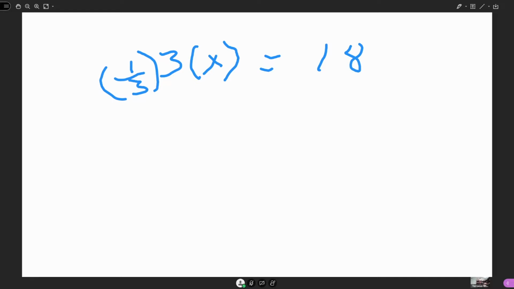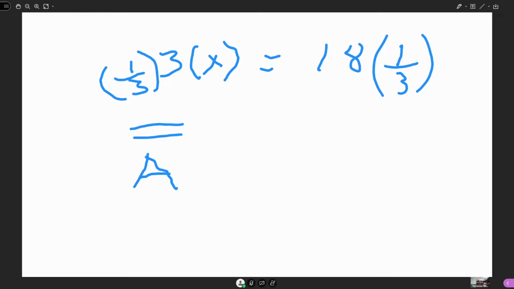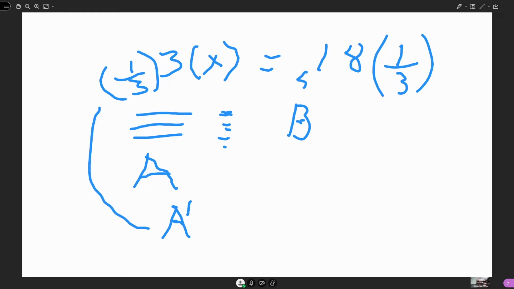And if you do that by the inverse, you got to multiply the other side by the same inverse. So we have our A, and these are all our equation side, and they equal our B, which is our solution side. So if we take the A inverse of that, that's like 1/3, and multiply it by B, we'll get the solution.